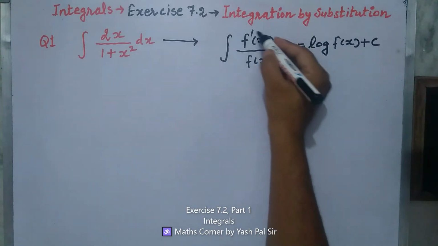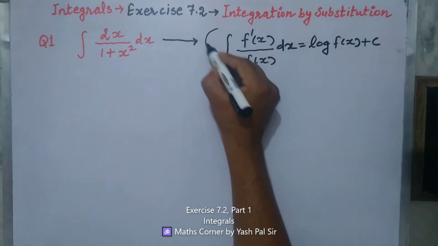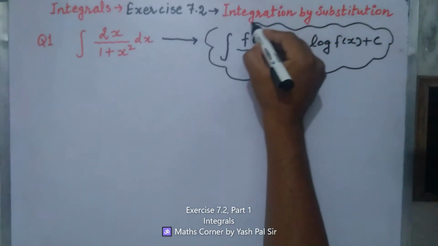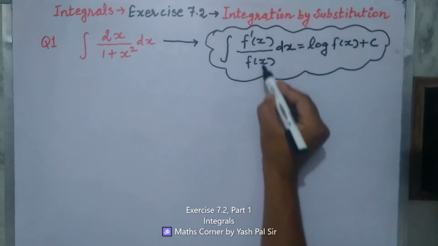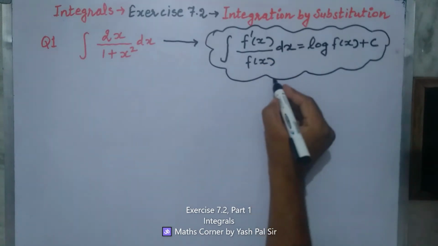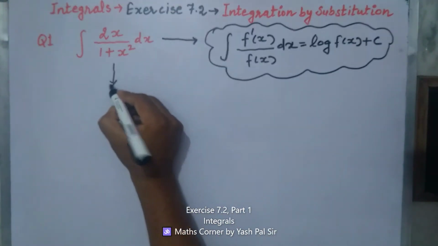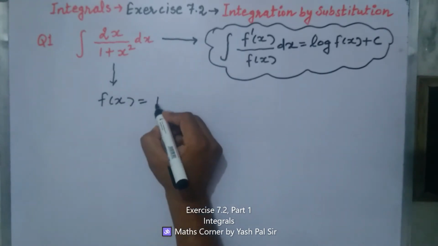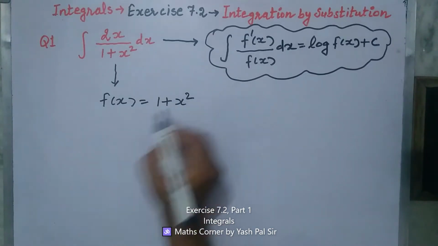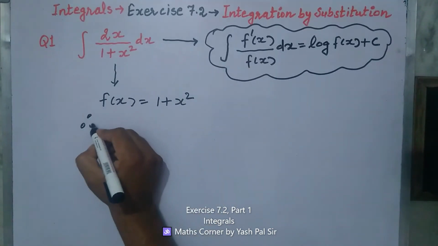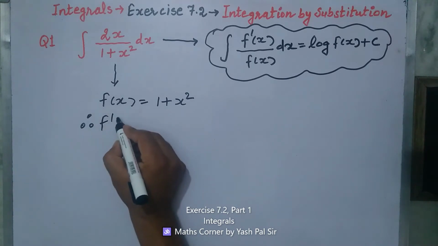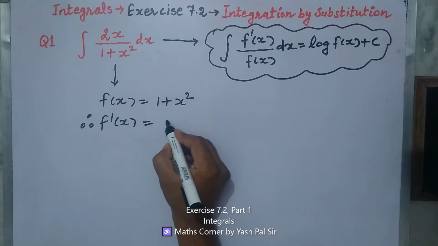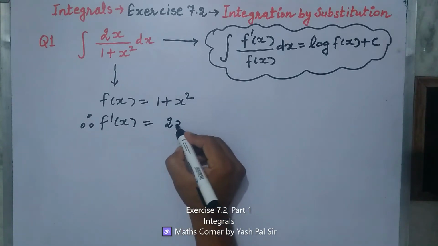Mean to say this is the quotient function. In a quotient function, the numerator is the derivative of the denominator. So here in this question, f of x is equal to 1 plus x square. So its derivative f dash x is equal to the derivative of 1 which is 0, plus the derivative of x square which is 2x.